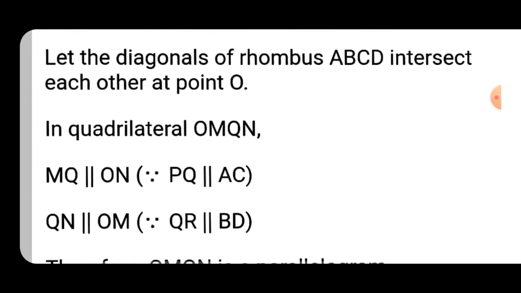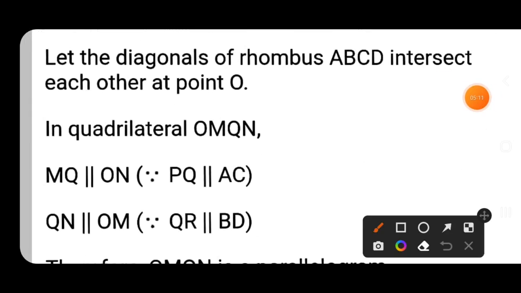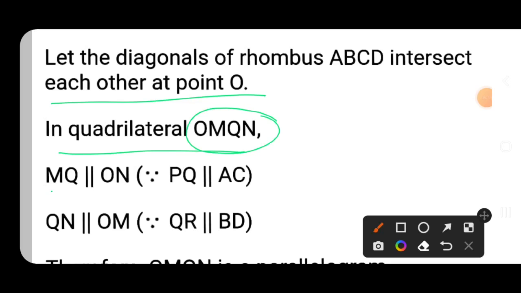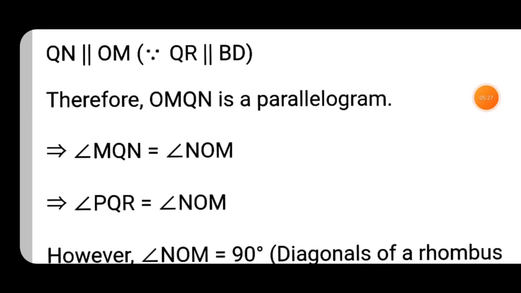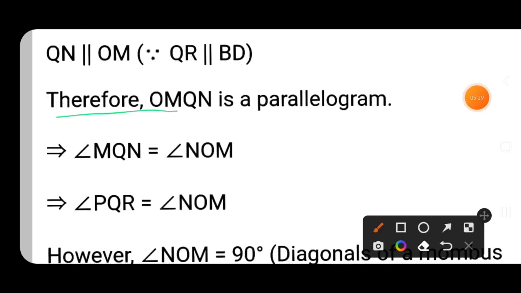Let the diagonals of the rhombus ABCD intersect each other at point O. In quadrilateral OMQN, MQ parallel to ON, meaning PQ parallel to AC. When it is given, its parts are also parallel and equal. QN parallel to OM because QR parallel to BD, already proved above. Therefore OMQN is a parallelogram and angle MQN is equal to angle NOM, and angle PQR is equal to angle NOM.